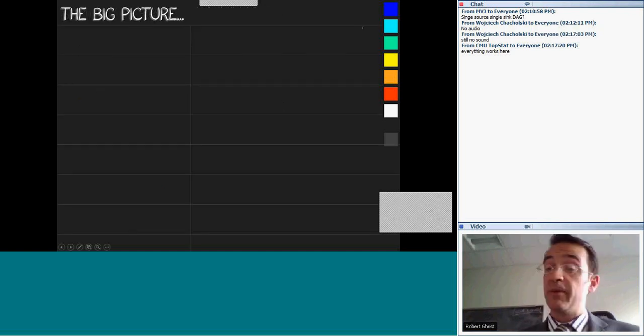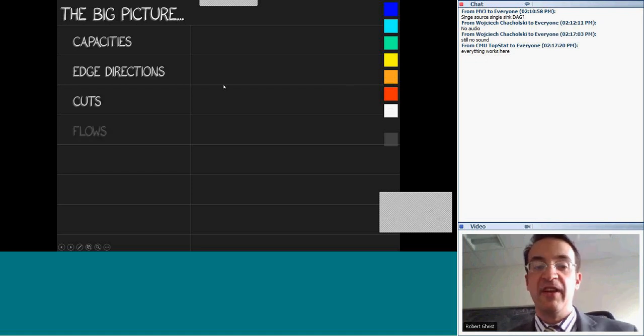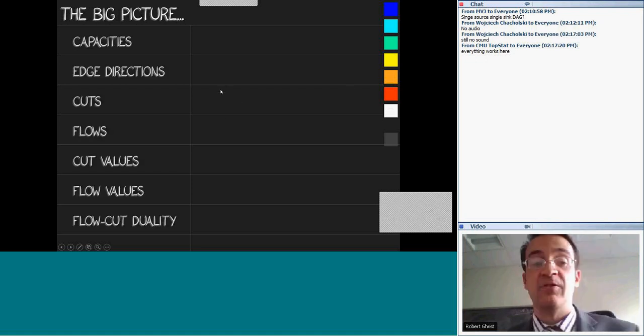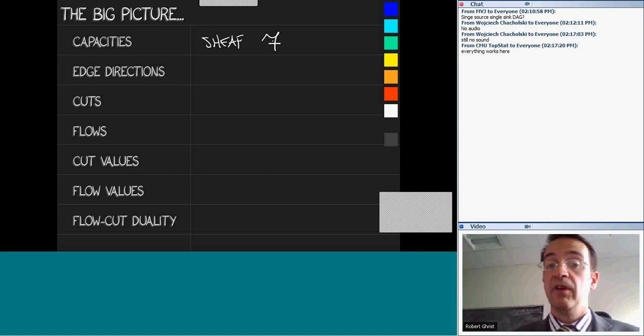Let's see. Let's talk about the big picture. There's a lot of stuff that goes into this classical MAXFLOW-MINCUT theorem. And this is what we need to build in order to get this working. For capacities, what we're going to do is add a sheaf F valued in these semimodules.